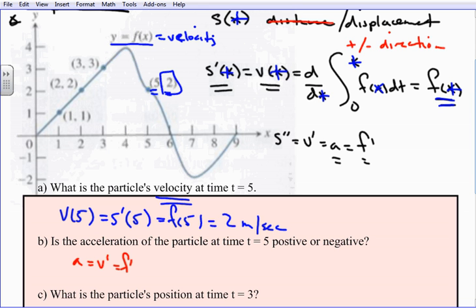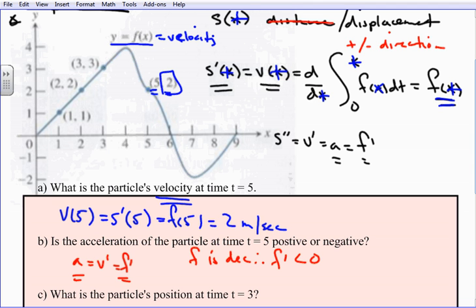You see that f is decreasing, therefore f prime would be negative, or less than 0. Since f prime equals acceleration, which we said over here, the acceleration should be negative.